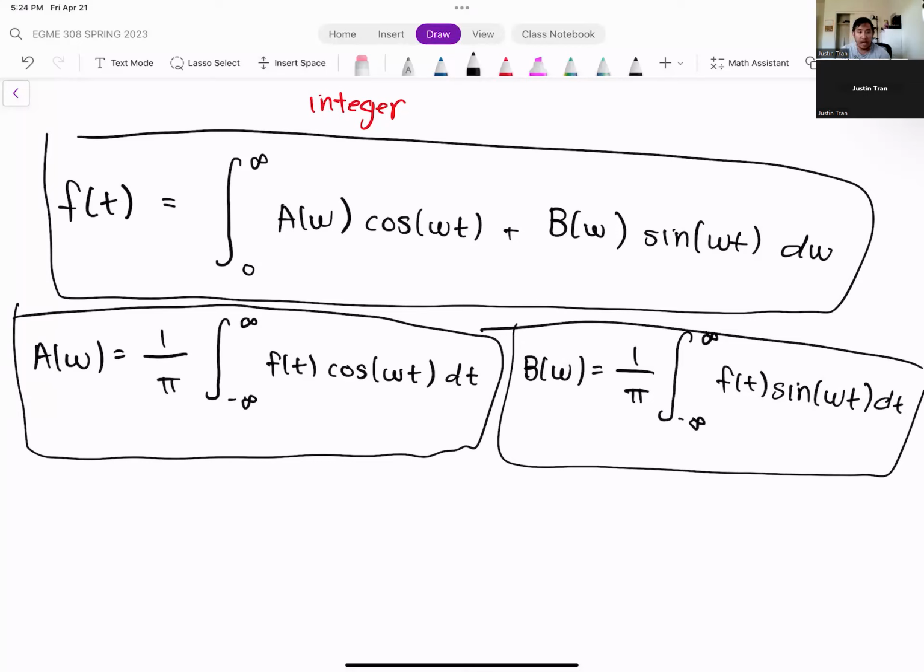With the Fourier integral, we got a lot of really interesting concepts. The first thing is the Gibbs phenomenon.